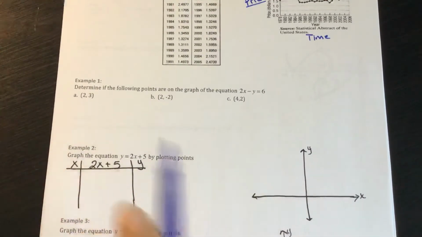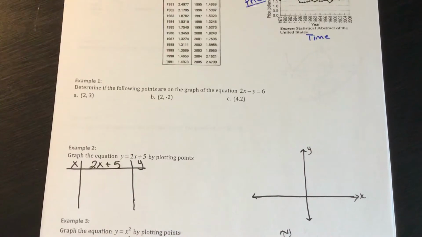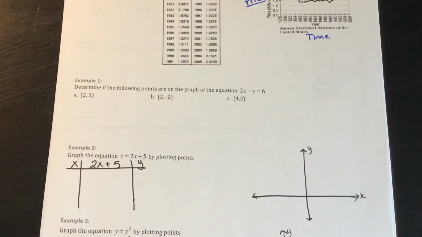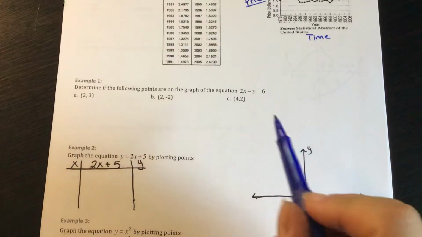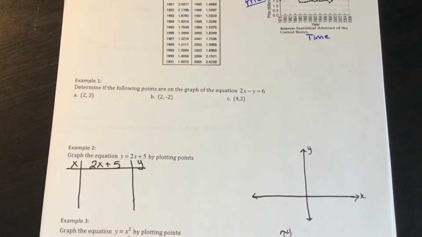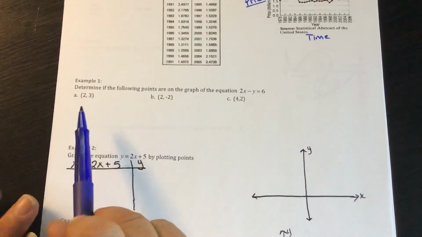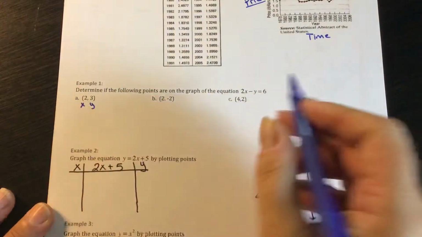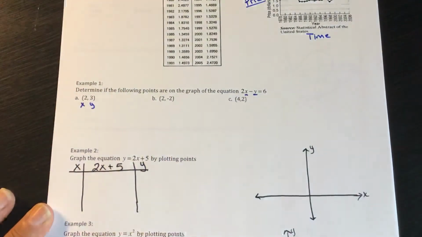All right, so in example 1, we have some review of algebra here. We want to determine if the following points are on the graph of the equation 2x minus y equals 6. All we need to do to determine that is take our x value and our y value and plug them into the equation for x and y.